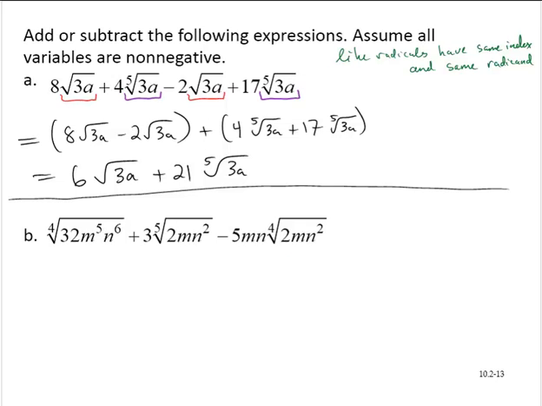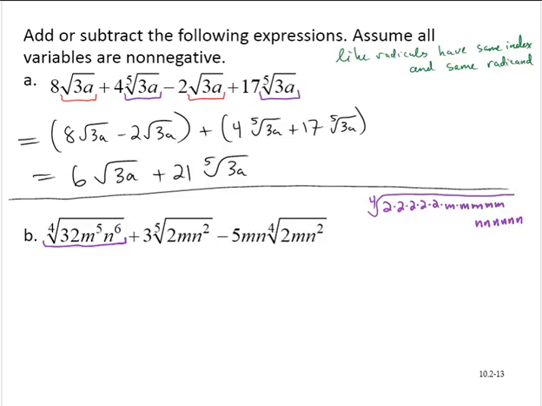So we might say, well, can we do anything with this? Well, let's look at the fourth root of 32 m to the fifth n to the sixth. That's the fourth root of, let's see, 32, that's 2 times 2 times 2 times 2 times 2, times m, 2, 3, 4, 5, and then I have 1, 2, 3, 4, 5, 6 n's.